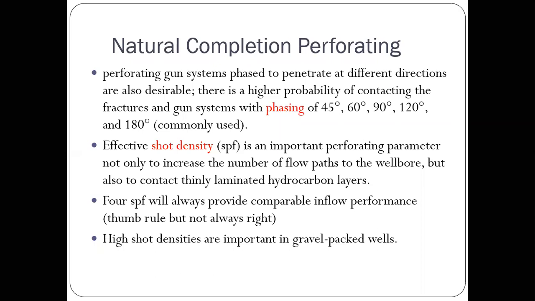So it is always desirable to have a depth of penetration higher than this radius of invasion, meaning you should be able to bypass this damage zone. That's what it means. Is it clear? And for that, you have to use these resistivity logs to find out the radius of invasion. Okay, I hope it is clear to everyone.